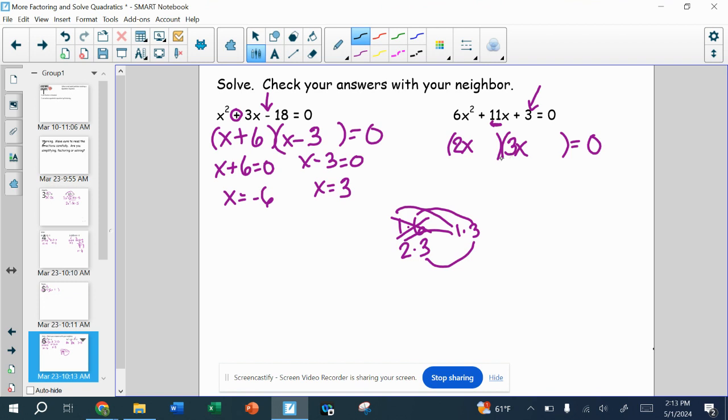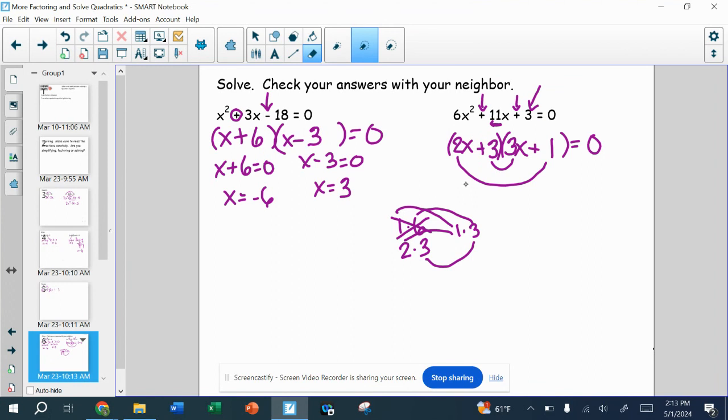So I need 3 to get multiplied with 3. Right there's a 3x, and then I would need the 2 to get multiplied with a 1, so I would have 9 plus 2 does give me 11, and looking at the signs, I ignored the signs until right now, but this does tell me I'm going to have the same signs. They are both going to be positives or pluses. So that is my factoring.